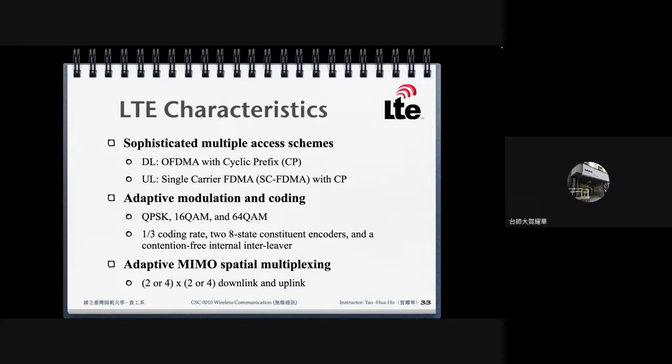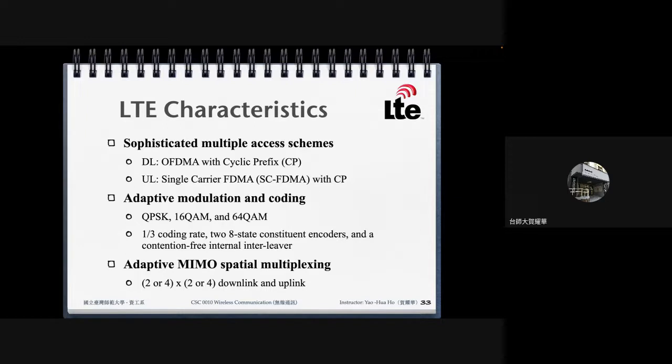Again, LTE has a much more sophisticated multiple access technique. For download, it uses orthogonal frequency division, and for upload, it uses single-carrier frequency division multiple access. So upload and download use different types of multiple access technique. For modulation encoding, LTE uses QPSK, 16 QAM or 64 QAM.